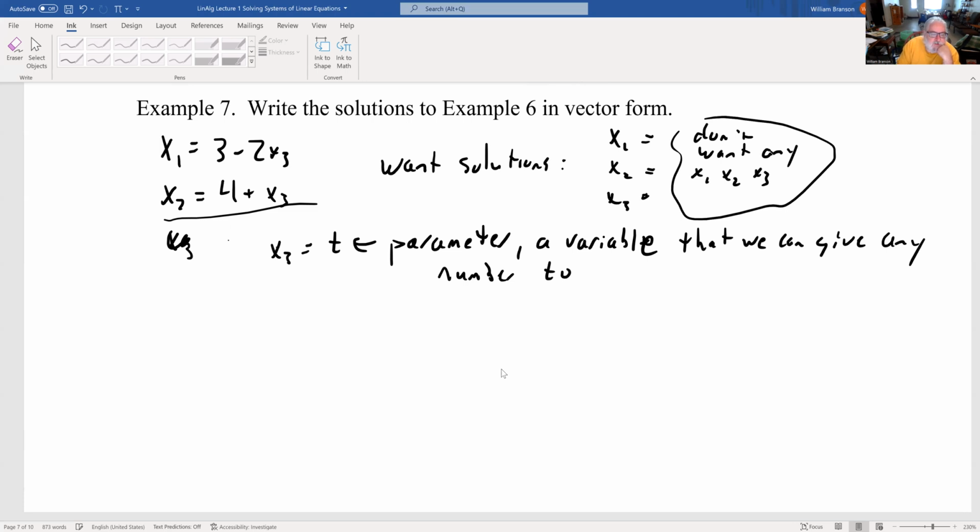So if X3 equals T, and that's a parameter, that means it's just a variable that we can give any number to. We can make T equal to 5, we can make T equal to 0, make T equal to 318. Then what does that make X1, X2, and X3 equal to? So this is our answer, our solution vector.